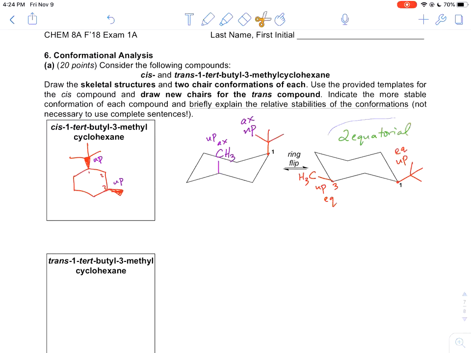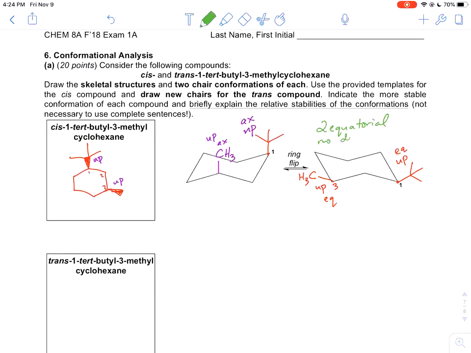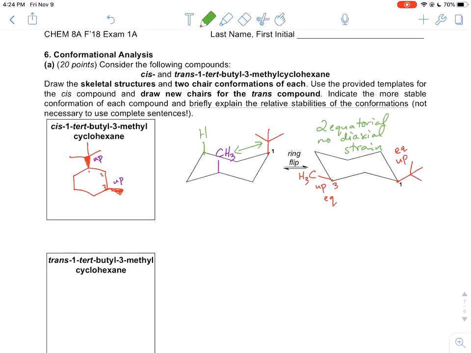And we see that there is no diaxial strain associated with this molecule. Whereas the other compound has 2 axial substituents, and these 2 axial substituents are participating in 1,3 diaxial interactions, or in other words, they bump into each other. And we also have diaxial interactions between the tert-butyl group and the hydrogen, and between that hydrogen and the methyl.